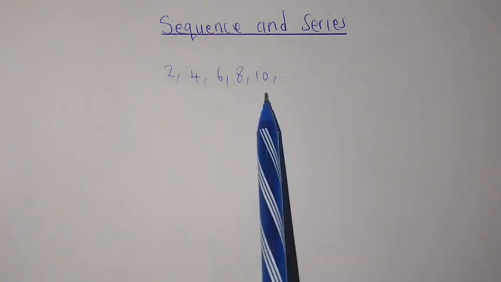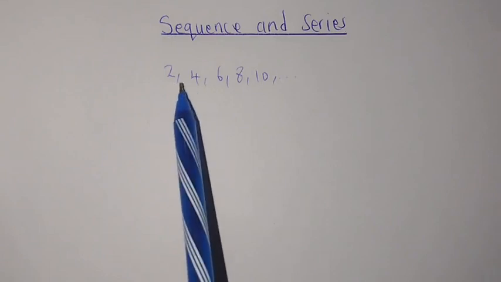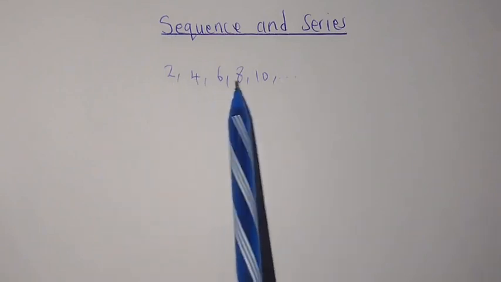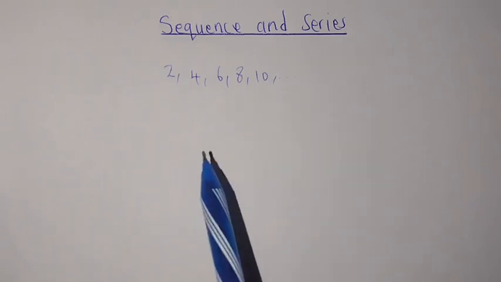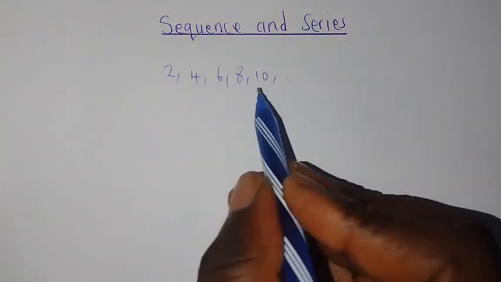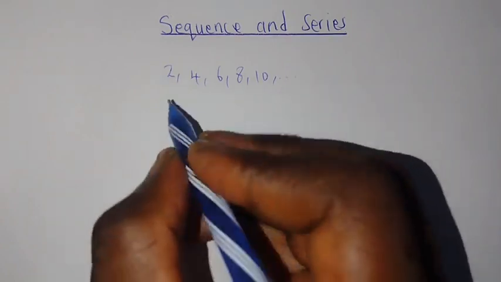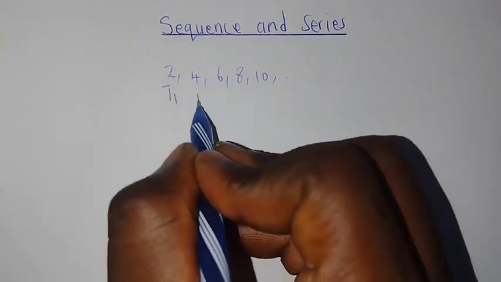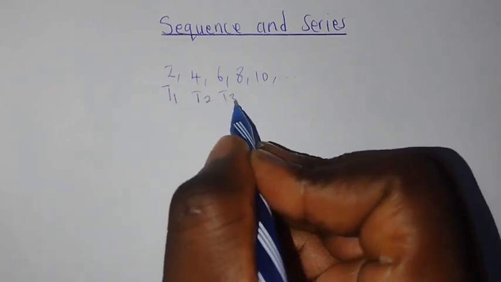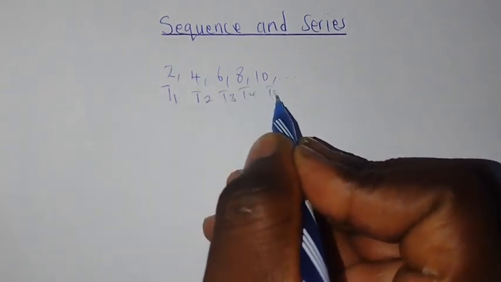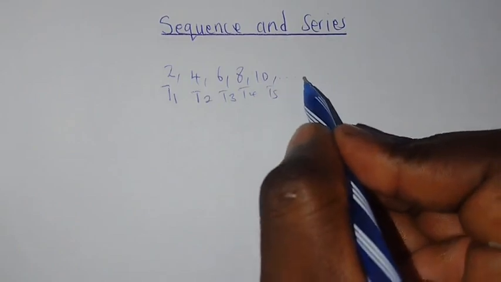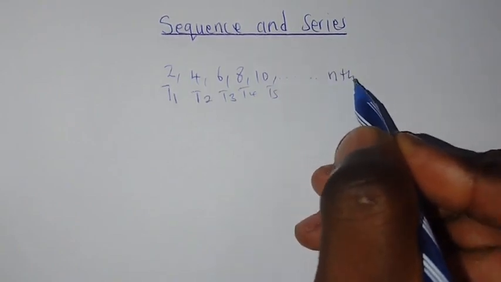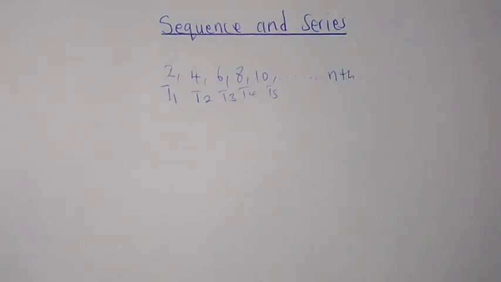These numbers that we have, we call them terms. Depending on the position of the term, we can say this is term 1, term 2, term 3, term 4, term 5. Then we can have the general term, which we call the nth term, because the sequence can continue.